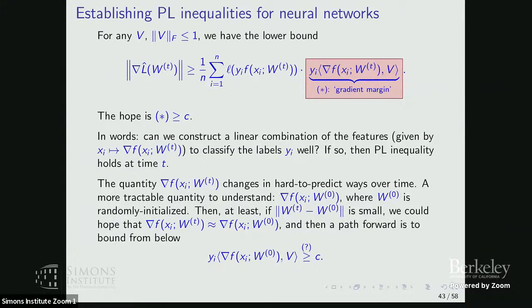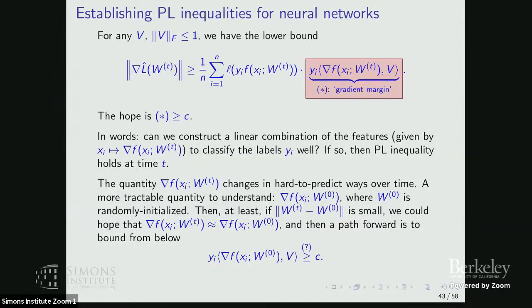But something that might be a little bit easier to understand is the gradient of the network at initialization. If you look at the gradient of the network at initialization, you have some random matrix W_0, and the hope is that you might be able to utilize properties of Gaussian matrices, or whatever type of random initialization you have, to understand if there are linear combinations of these gradients that can allow for good classification.